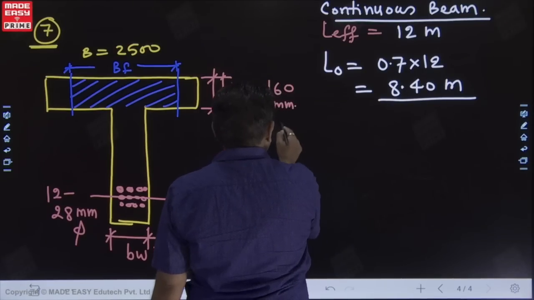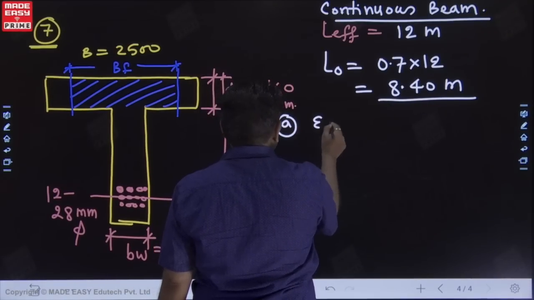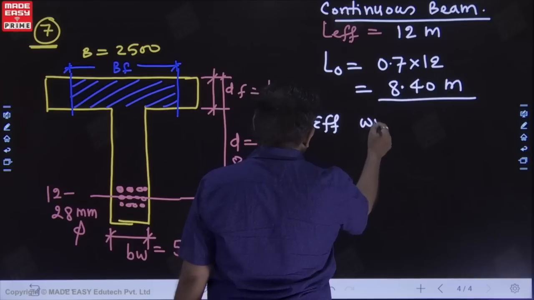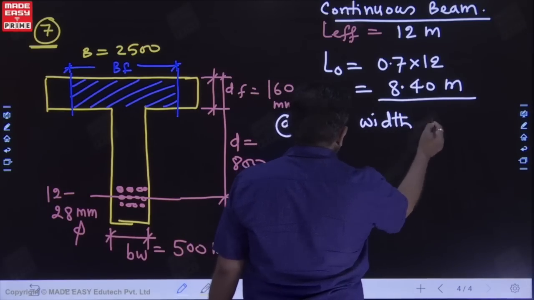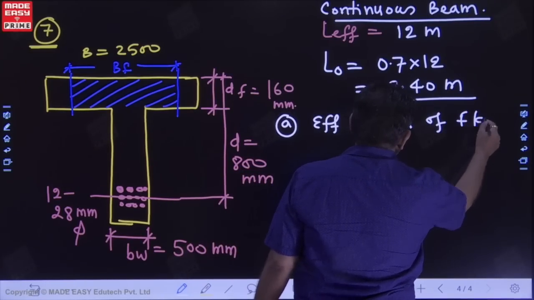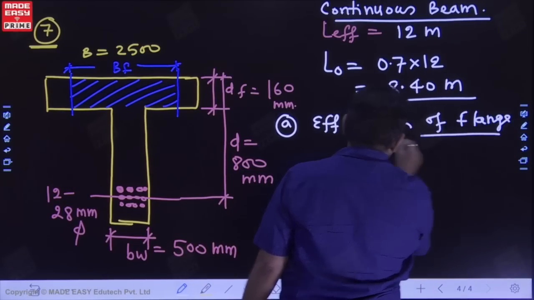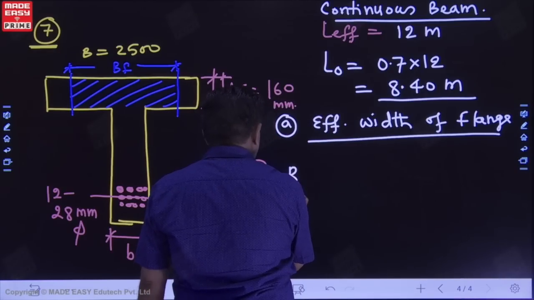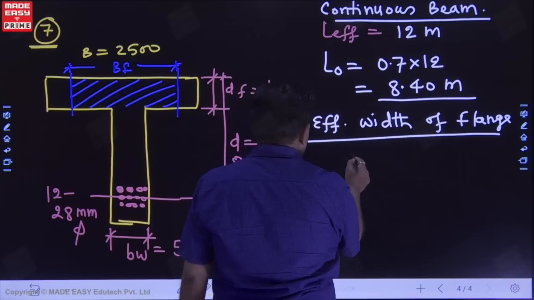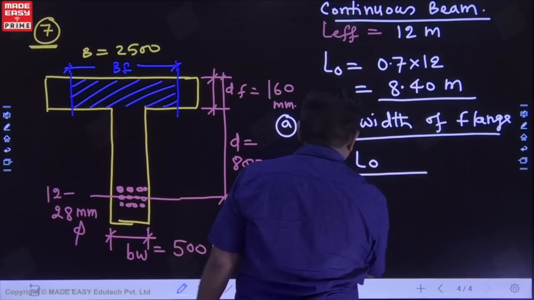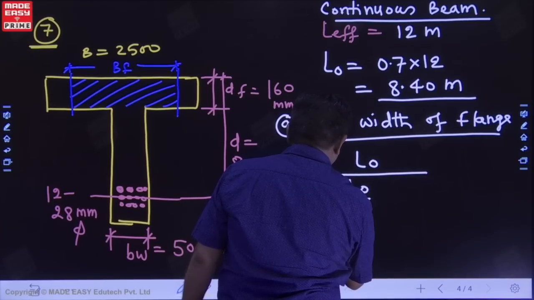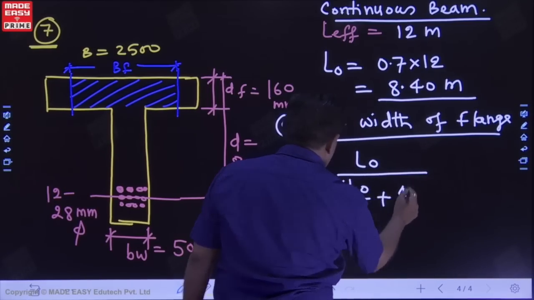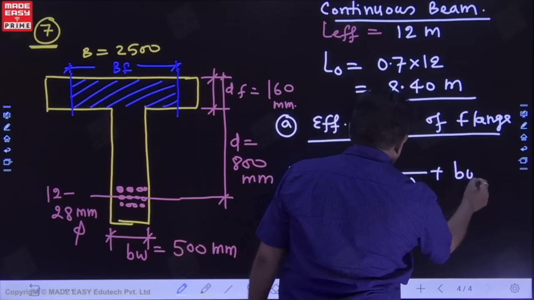So what will be the first value? Effective width of flange. Effective width of flange BF is equal to L0 divided by B plus 4 plus BW.